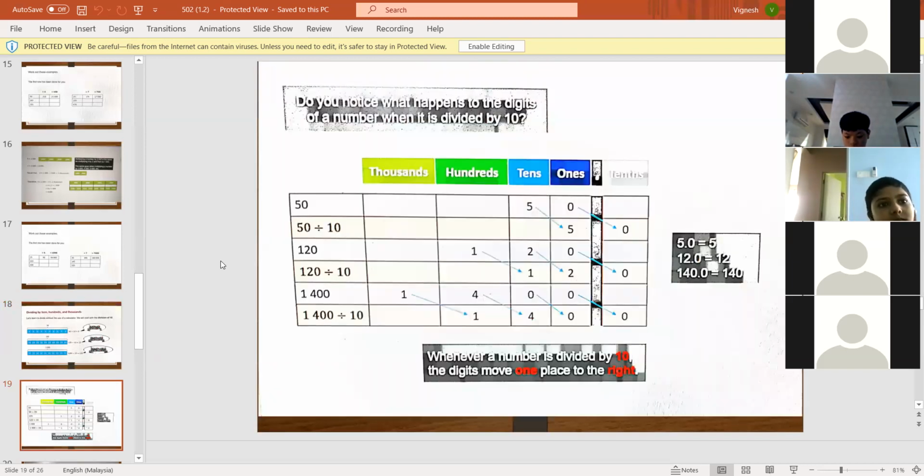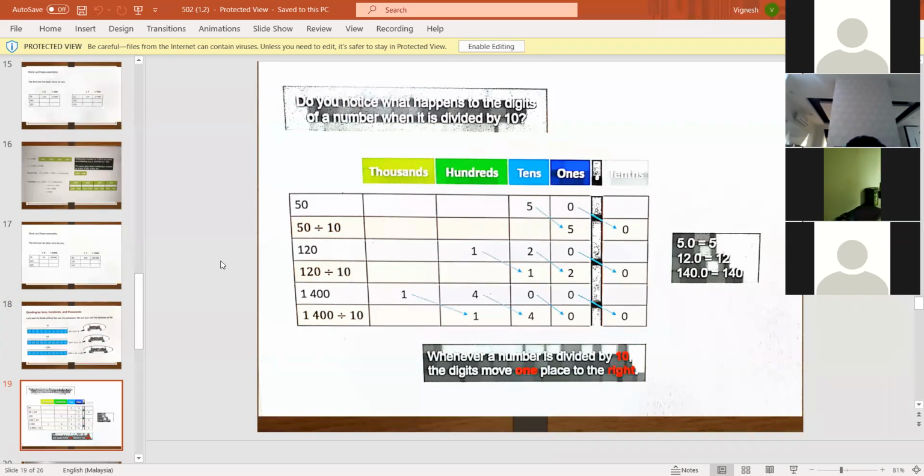And also say yes here. When we are dividing, can you all see here? Dividing by tens, hundreds, and thousands is the same as what we learned for multiplication, but this time you are moving to the left.